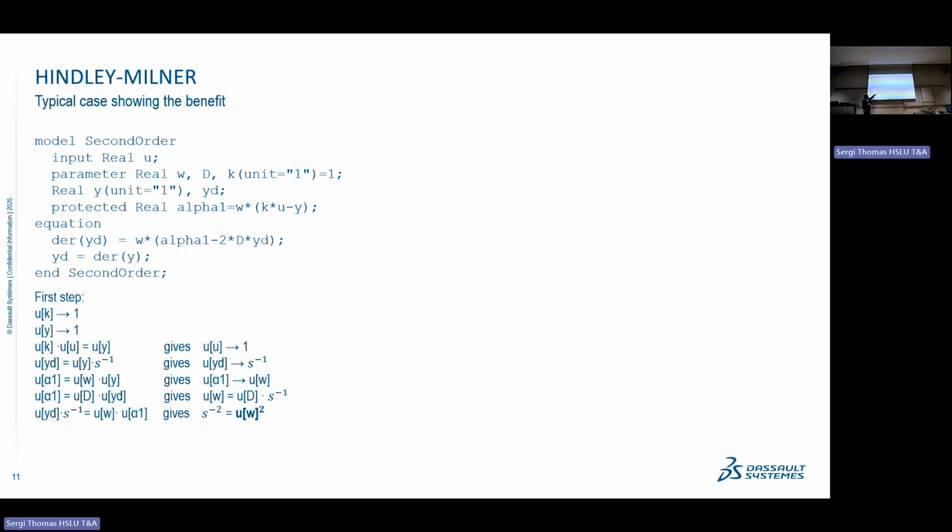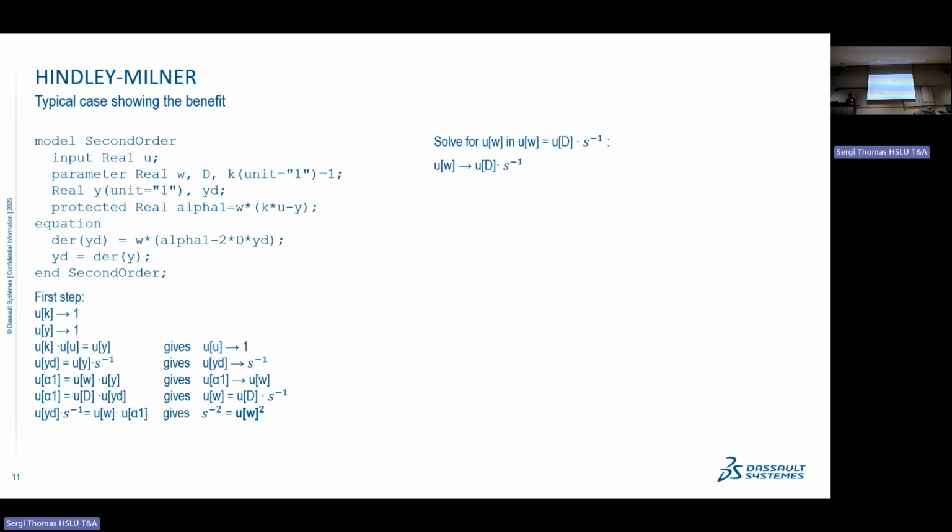The new thing here is that based on these substitutions and everything, I get a new equation here that I couldn't get for the simple algorithm. That is, seconds minus 2 is equal to the unit of omega squared. Now, I don't solve that one immediately. I go through them in order.